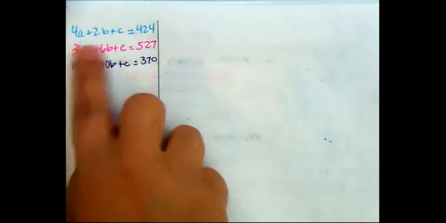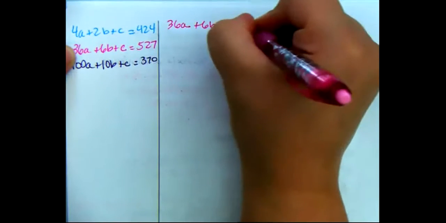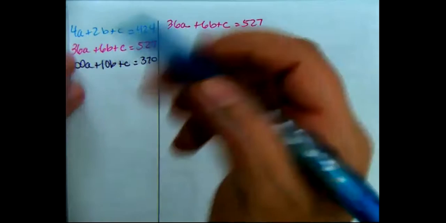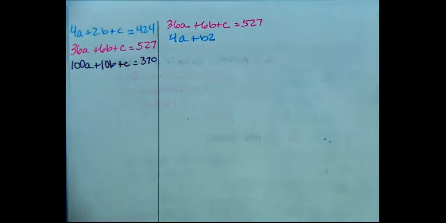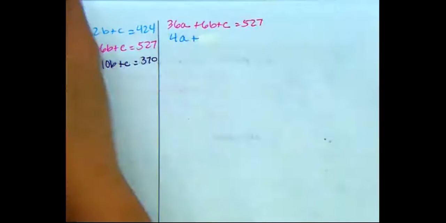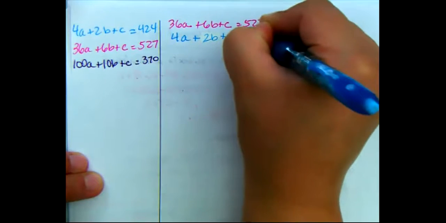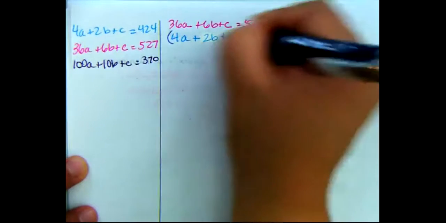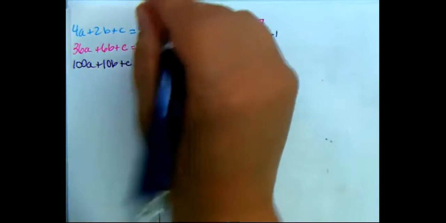So I can take my first 2 equations here, 36a plus 6b plus c is equal to 527. And then I'm going to multiply my first equation, it should be 2b, by -1 to make this into a -c so that I can cancel out when I add them.